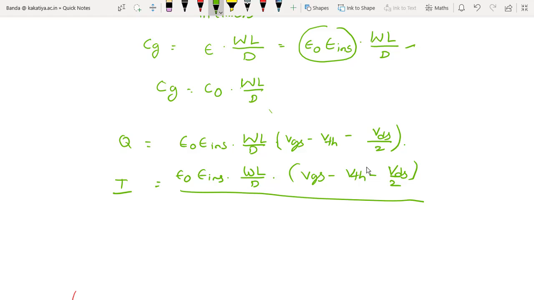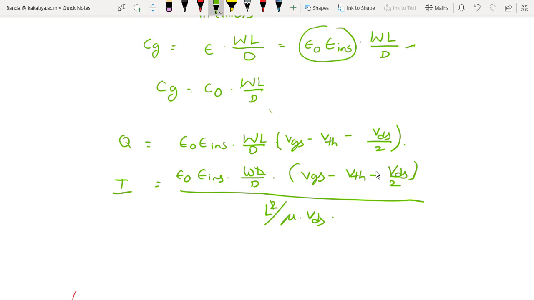What is the value of tau? Tau is nothing but L square divided by mu into VDS. If you do some simplification, you bring this VDS upside, and one L and one L will be cancelled.